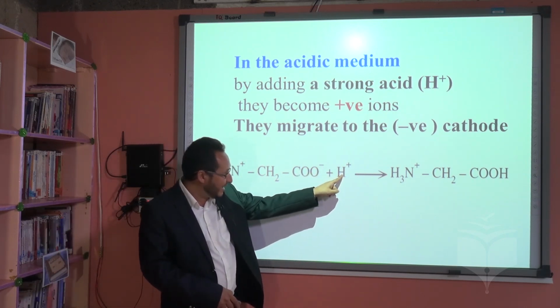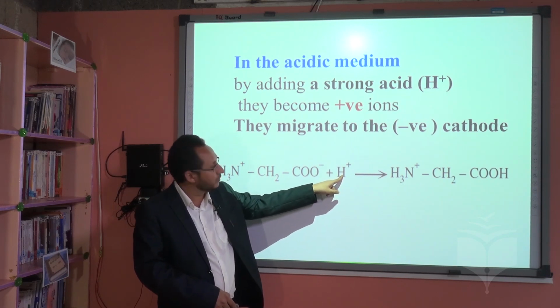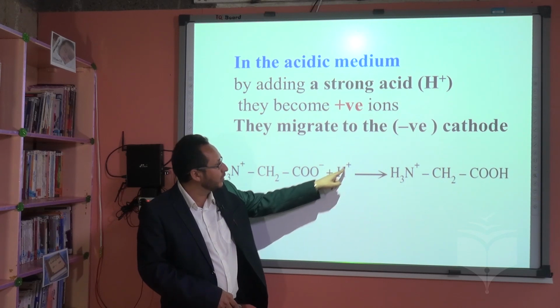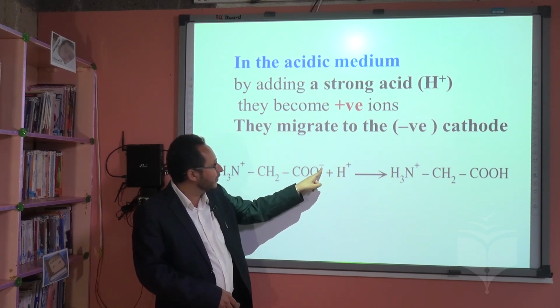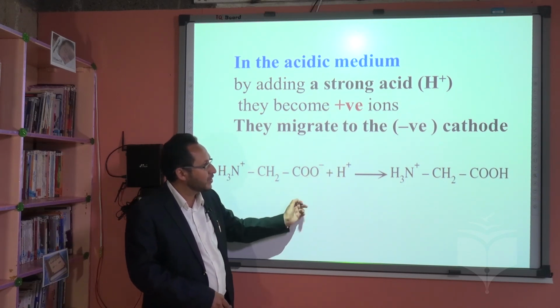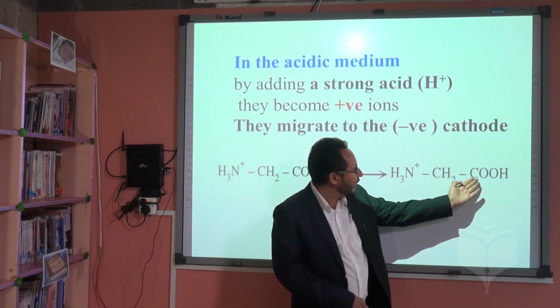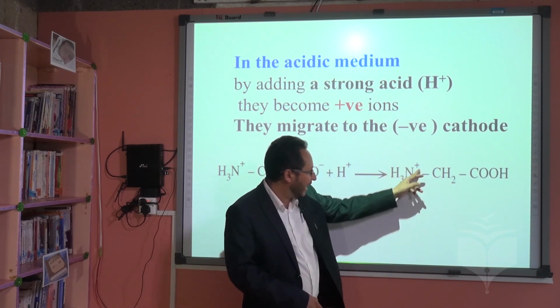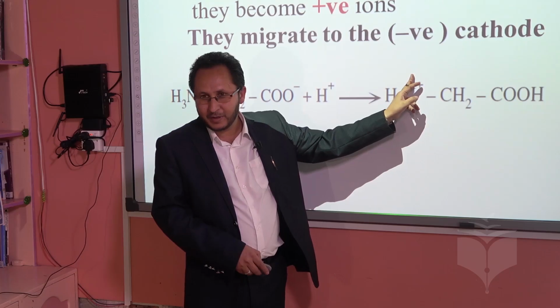If we add acid, it means you add protons. This positive from the acid in the acidic solution goes with this negative pole, so it becomes COOH. Now this compound has the positive pole.